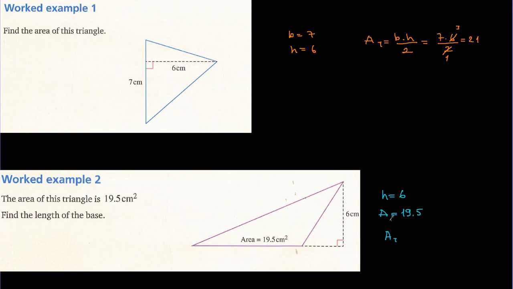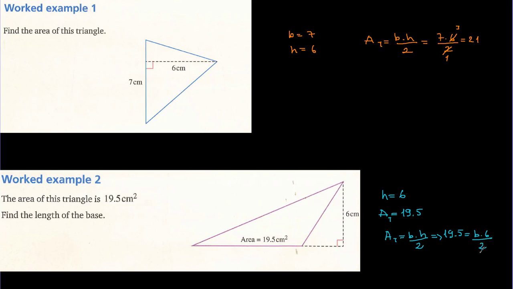So let's write the formula. Area of the triangle is equal to b times h divided by 2. 19.5 is equal to base times 6 divided by 2.